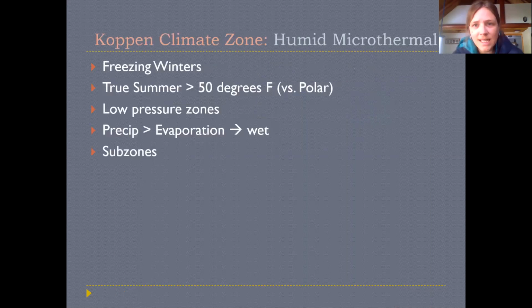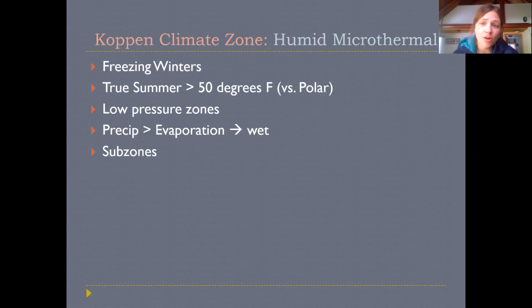Okay, so that brings us then to the microthermal zone. So micro means small, thermal means temperature. So smaller temperatures are lower temperatures. So these zones are distinguished from the previous zones because of their distinct freezing winter periods.